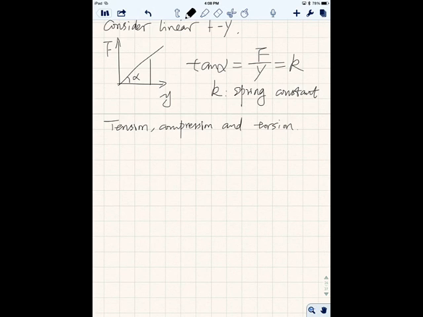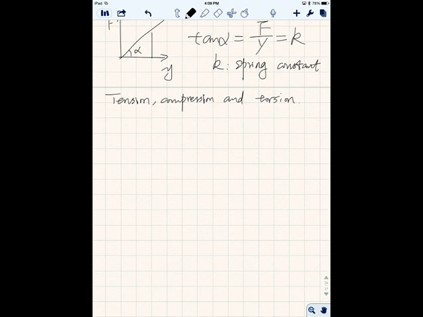Each group will have 5 students, or 2 of the groups will have 6 students because we have 62 students. I'm going to give out the description of the first project, so just be aware of that, all right? Make sure you show up in class if you can on Tuesday, all right? Okay. So tension, compression, and torsion.